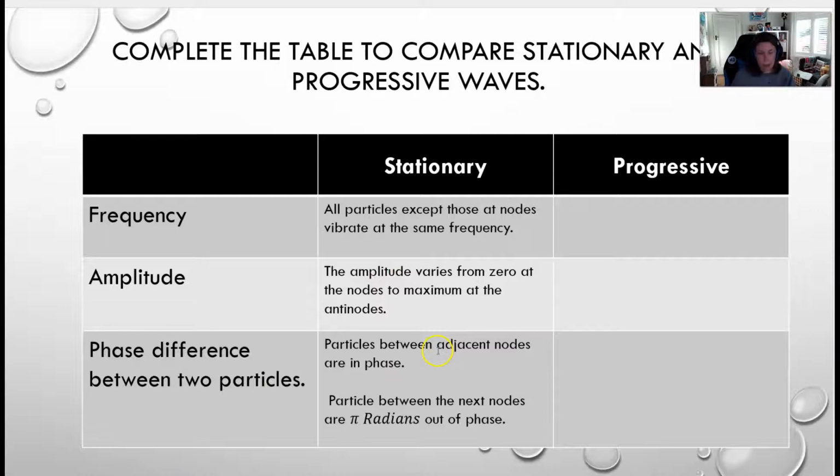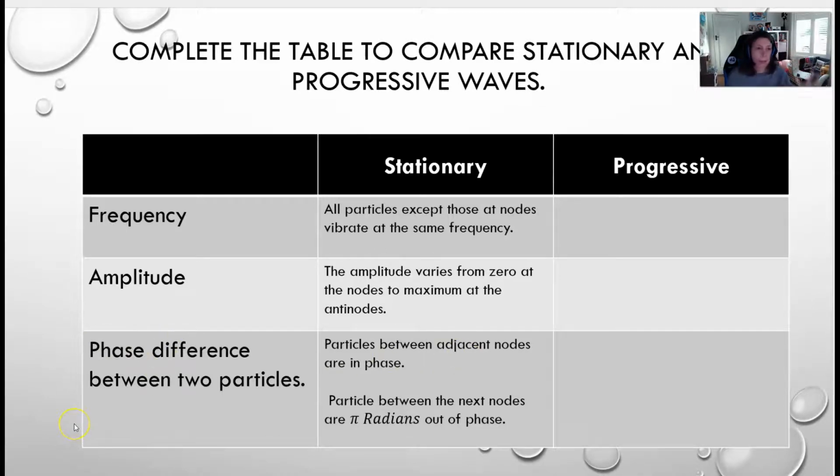The phase difference between two particles: we now know particles between adjacent nodes are in phase. So if all the particles are within two nodes, they all have the same phase, so phase difference is 0. Particles on either side of a node, one's going up, one's going down, are pi radians out of phase.